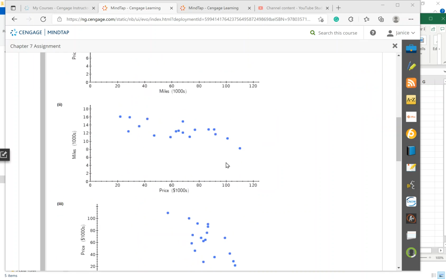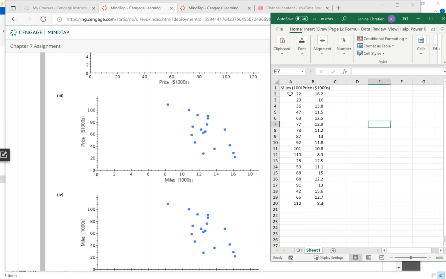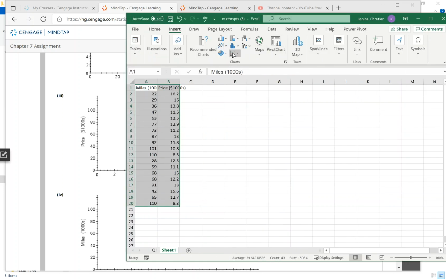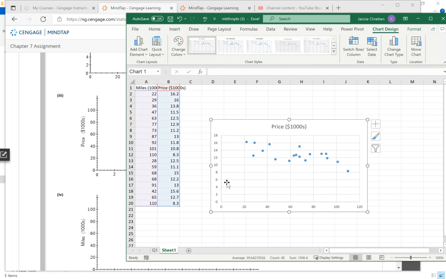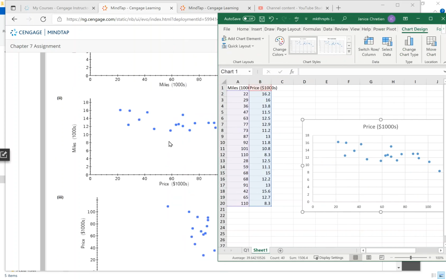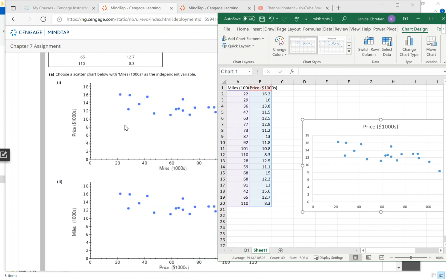And it wants us to determine which of these scatter plots is most like ours. So we'll insert our scatter plot. Sorry. And then we'll see miles and price.